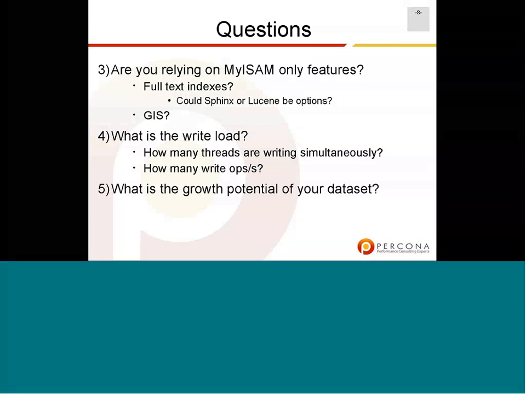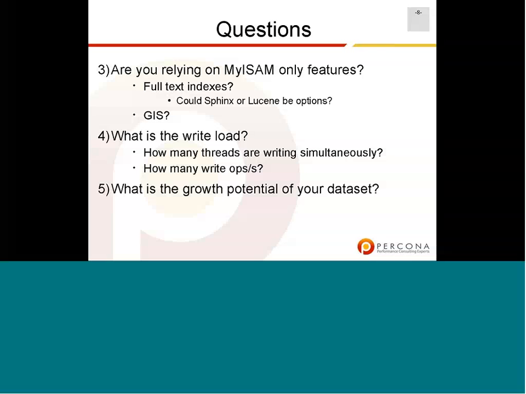Another related question is, what is the write load that you are expecting? I can rephrase that a bit, like to say how many threads will be writing simultaneously. If you have many, many threads, it might mean that you will, for example, overflow the replication thread in MySQL.